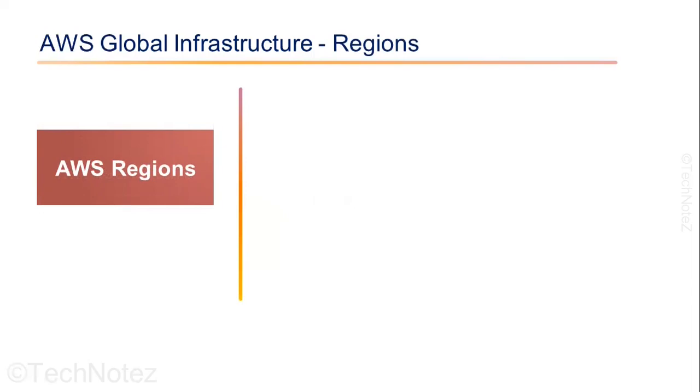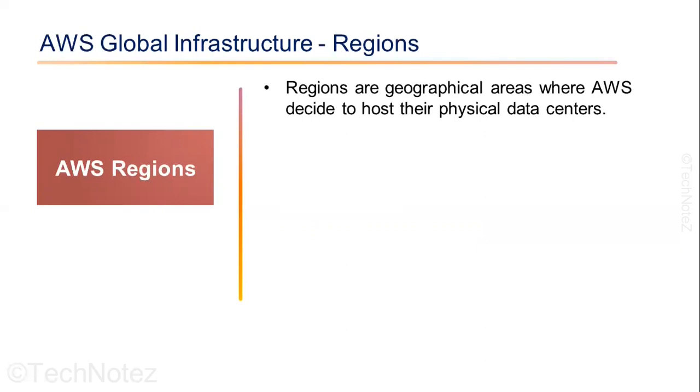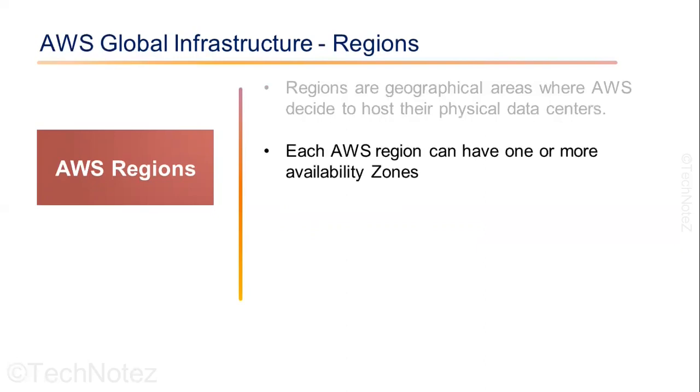Every customer wants to host the application closer to their location for better performance. So AWS has hosted its physical data centers at multiple geographical locations in the world. Regions are those geographical areas where AWS decides to host its physical data centers. So customers can choose a data center close to them to host their applications. AWS has multiple regions and each AWS region can have one or more availability zones.